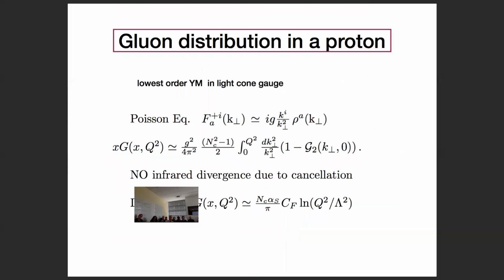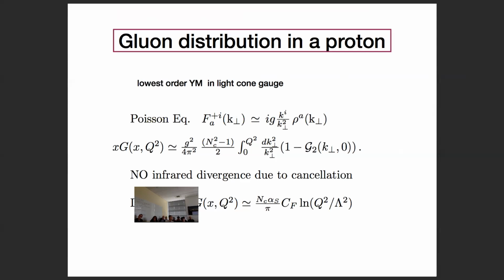So the first test calculation is, let's see what we get in the simplest limit possible: calculate the gluon distribution in a proton. This is all in Yuri's textbook, but it comes out in our calculation too. You use the lowest order Yang-Mills equations of QCD in the light cone gauge. In that case, you use basically Poisson's equation with color charge.